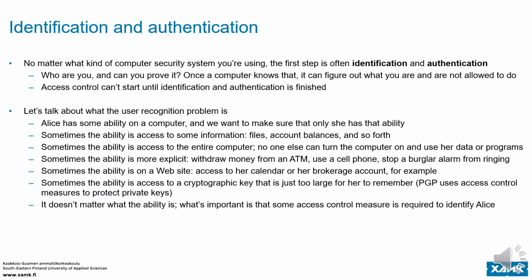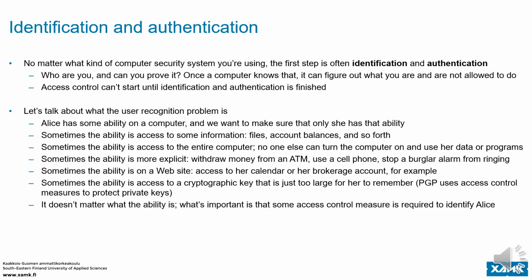Alice has some ability on a computer and we want to make sure that only she has that ability. Sometimes the ability is access to some information: files, account balances, and so forth. Sometimes the ability is access to the entire computer. No one else can turn the computer on and use her data or programs. Sometimes the ability is more explicit, withdrawing money from an ATM using a cell phone or stopping a burglar alarm from ringing.